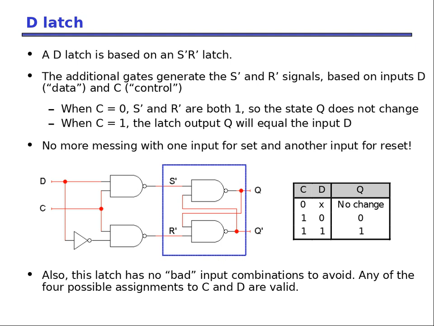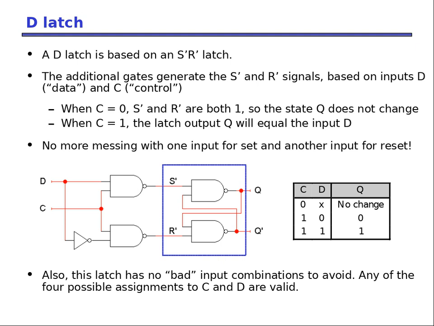Your control line still controls if it's holding the value, so no matter what D is, if C is 0, you're holding it. But if the control is 1 and D is 0, then D goes 0 and 1, which the AND of that is 0, dotting that is 1, so S naught is 1. Then down here you're dotting the 0, so it's 1 and 1, which is 1, dotting that 0, so you get 1 and 0, which in the S naught R naught latch is a reset.